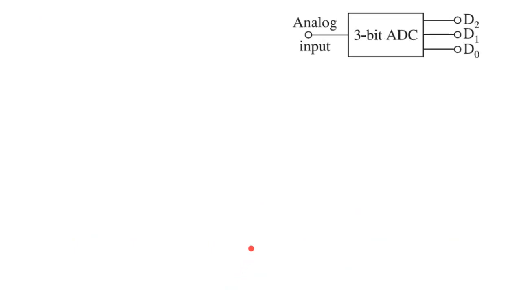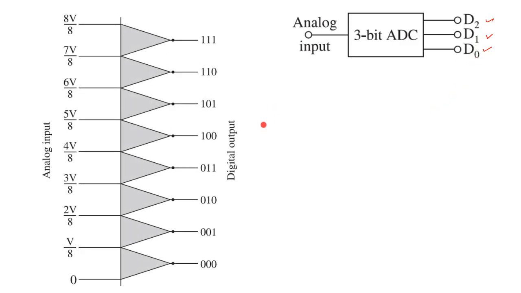So let us consider a simple case of a 3-bit ADC, right, where we are putting the analog input and we have 3 outputs, D0, D1, D2, the digital outputs from the ADC. Now the analog input we are considering is a voltage V, and it is a ramp signal.